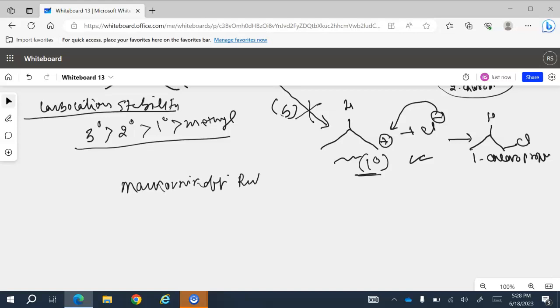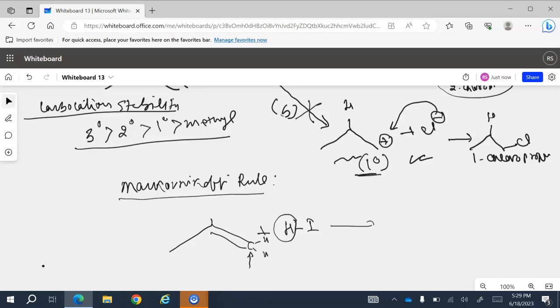Markovnikov rule. Based on this rule, whenever we add a hydrogen halide to an alkene, then according to the Markovnikov rule, the hydrogen, or the positive part, will go to the carbon containing the larger number of hydrogens, and the halogen will go to the next carbon. This terminal carbon has 2 hydrogens, whereas the middle carbon has only 1 hydrogen.